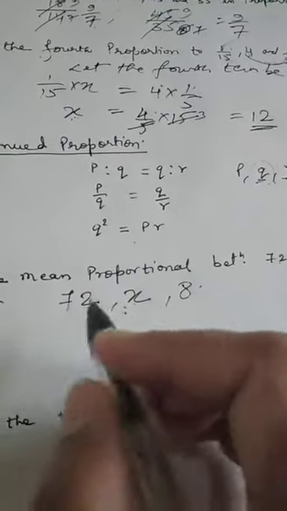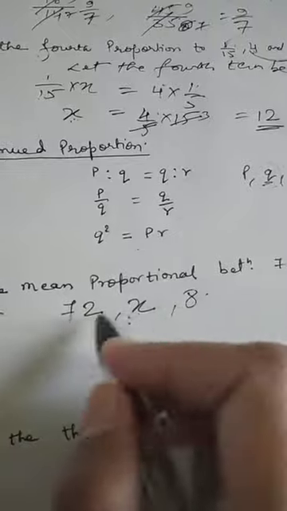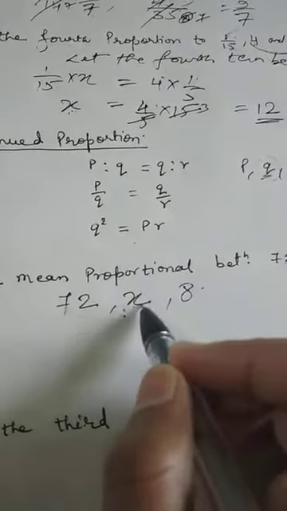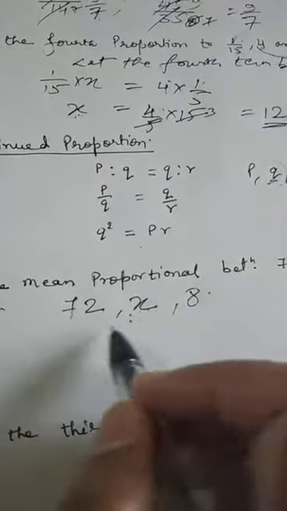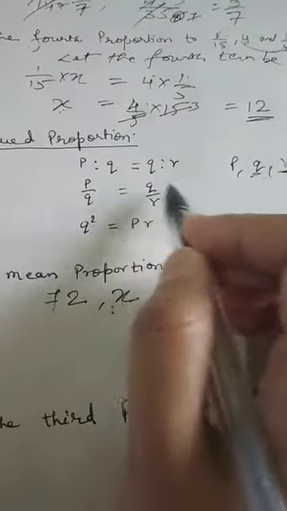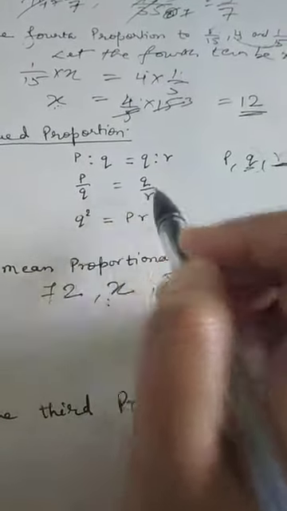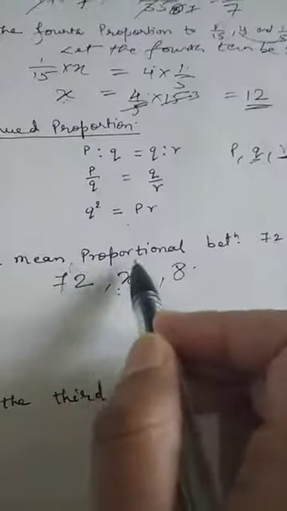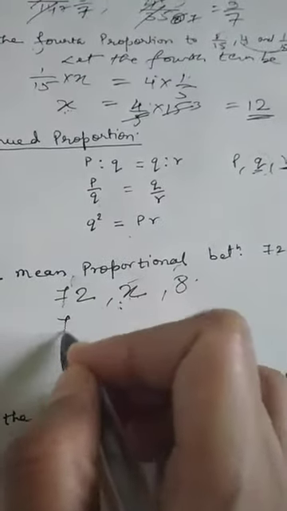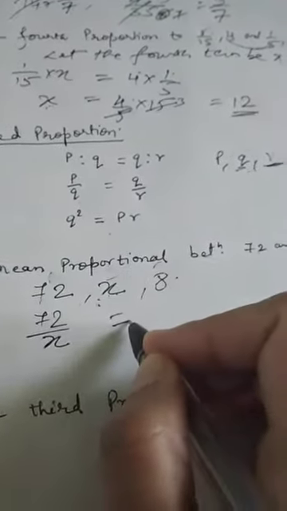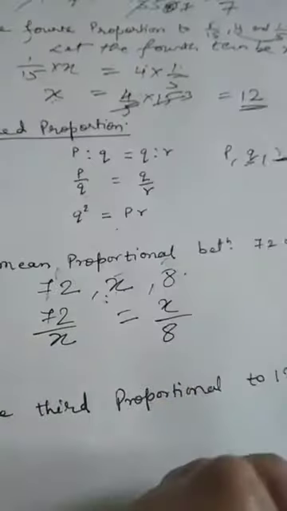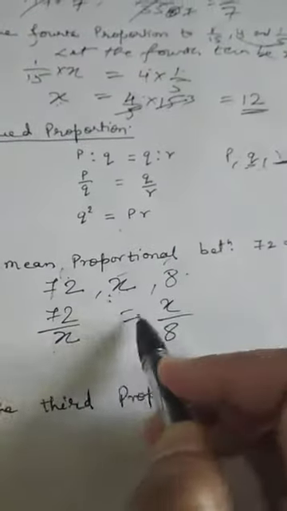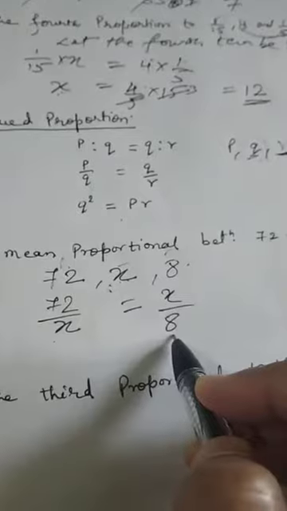If these numbers are in continued proportion, we can write P by Q is equal to Q by R. Here P is 72, Q is X and R is 8. So 72 by X is equal to X by 8.